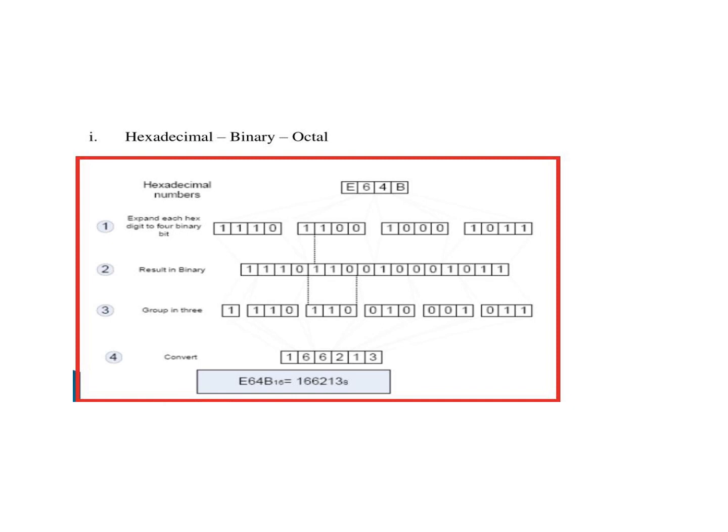Here what you will do is convert each hexadecimal digit into an individual 4-bit binary number, then the result should be combined, then make groups of 3 bits from the right, and then you will find the equivalent octal number. So here we have the example E64B.